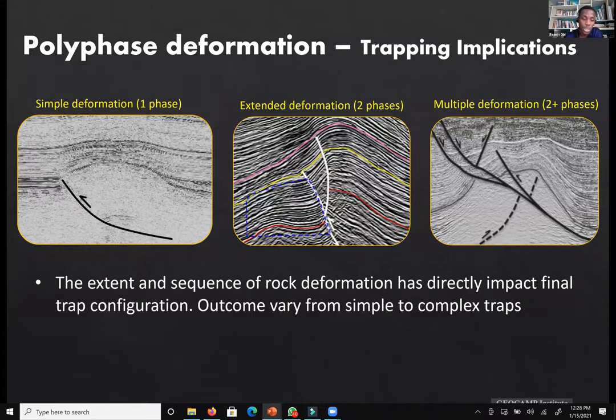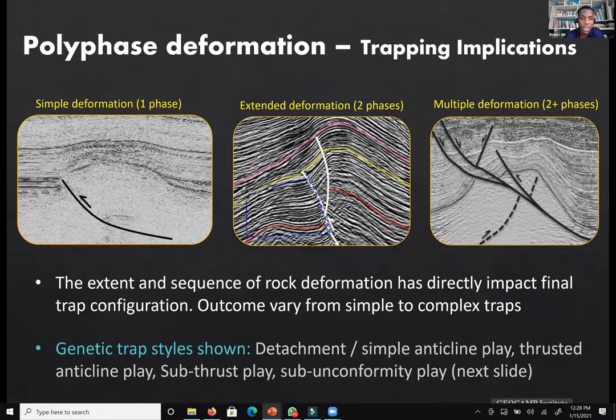So for this, just a quick one in terms of genetic trap styles. On the upper left, we're looking at a thrusted anticline. It's not actually a great example of an anticline play, but just a thrusted anticline. On the bottom, we have the subthrust play, and then to the right, we have a combination of that.